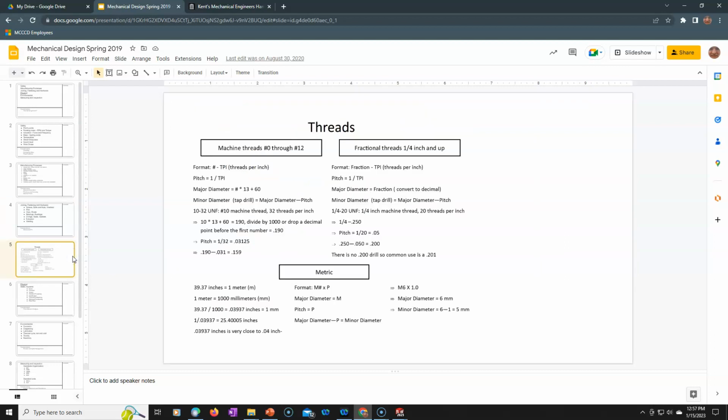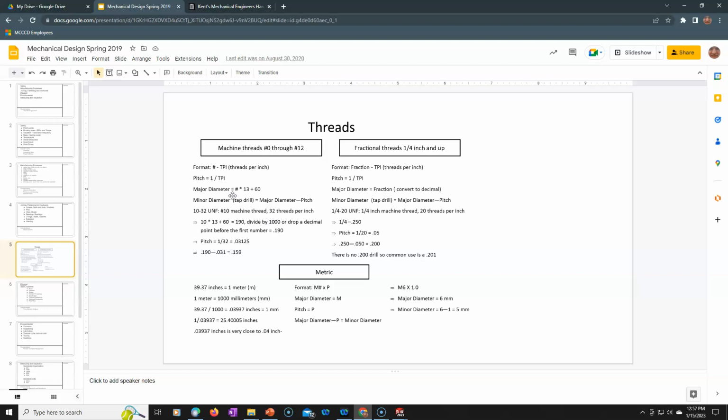So, we've done the threads elsewhere and would just mention those again. Probably the main thing for the machine screws, the fractional and the metric, is that they are pretty straightforward on the major diameters to understand how big it is. If you see a machine screw 0 through number 12, it's going to be smaller than a 1/4 inch.